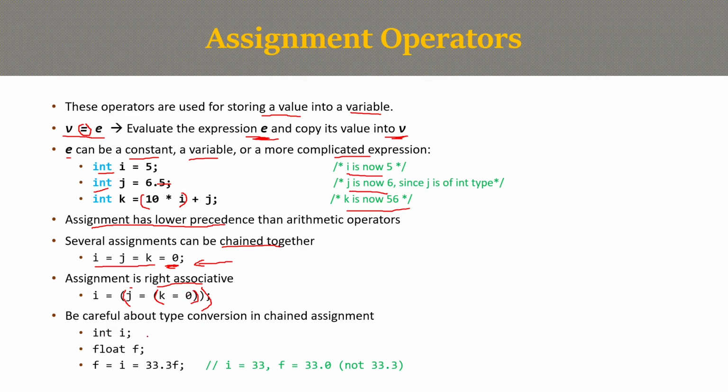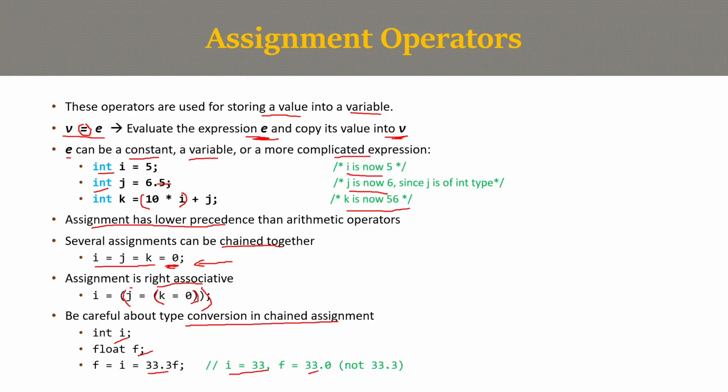So one thing that we have to keep in mind is the type conversion in chain assignment. Here we have two variables, i and f. Now if we declare a chain assignment and we write this statement, f equals i equals 33.f, now i is of integer type, so i will be storing the value 33 and it will discard the decimal points. Now this 33 will be used for f, so f will be 33.